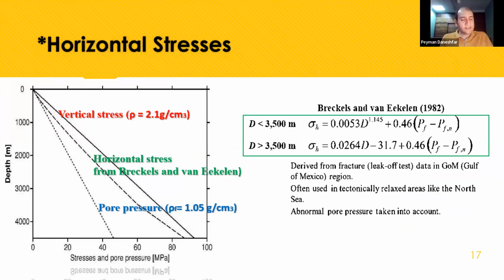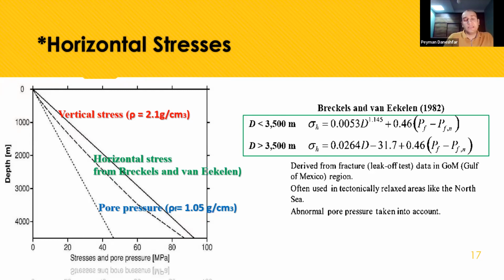Some of my slides will be shown with some stars. This is just so that you know, because it's not a certain rule or anything. This slide is about Bracket and one equivalent. It gives us a formula for the minimum horizontal stress: how we can find and calculate it.